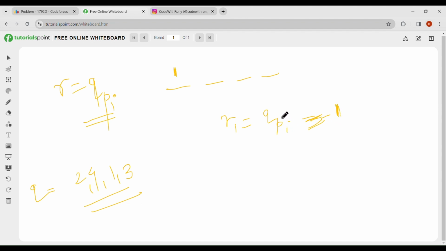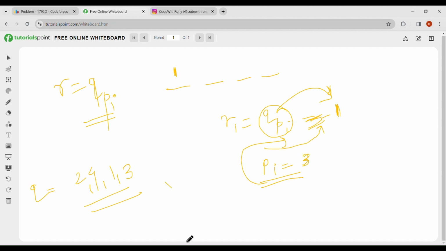Now let's check when q of pi will give 1. When the value of this one equals 3, meaning pi equals 3, that time it will give the value 1.